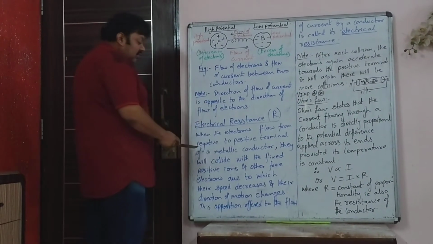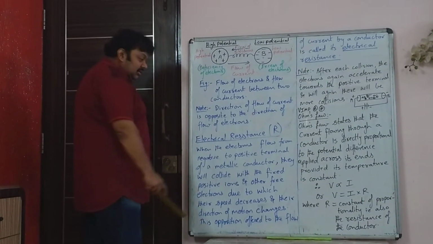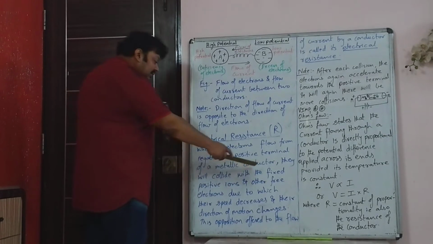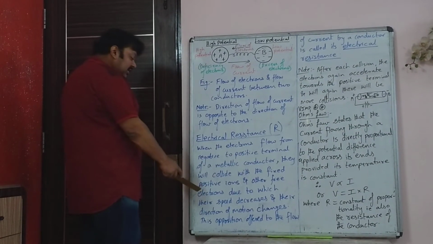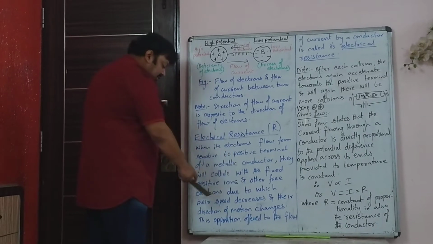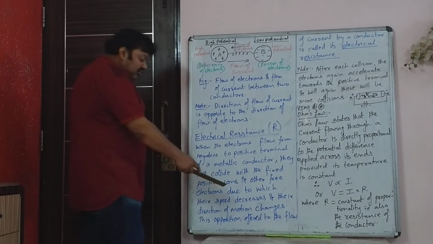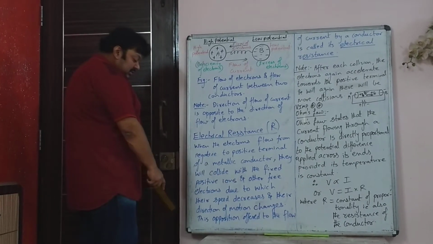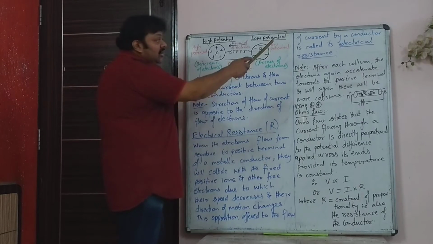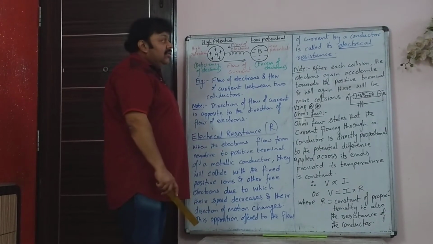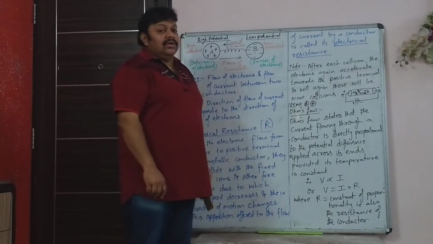When the electrons flow from negative to positive terminal of a metallic conductor, they will collide with the fixed positive ions and other free electrons, due to which their speed decreases and the direction of motion changes. This opposition offered to the flow of current by a conductor is called electrical resistance.